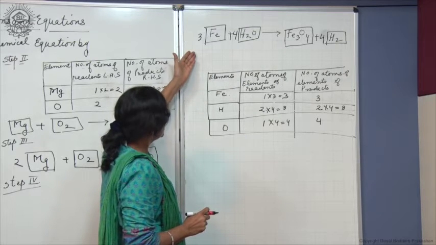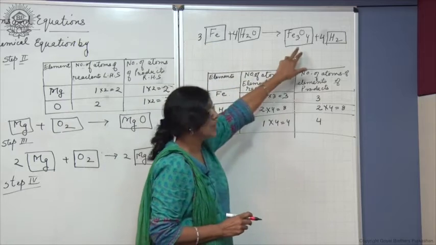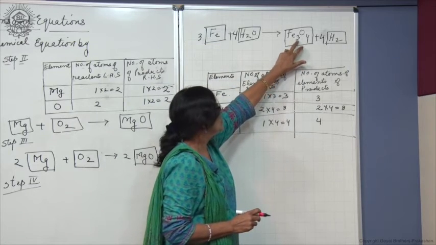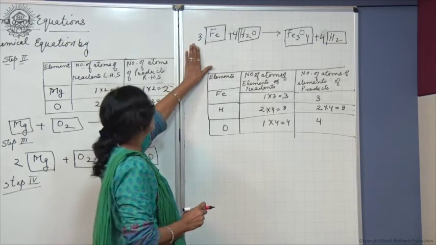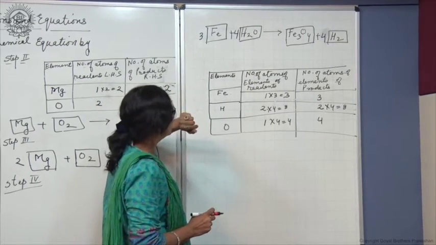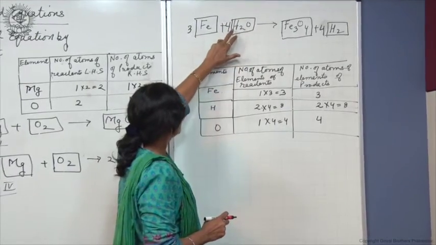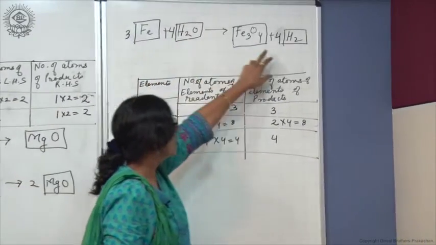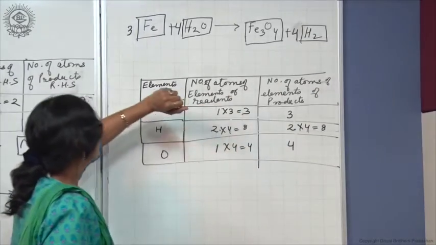Now let us check the equation again. 3 iron atoms on both sides, Fe3. This means there are 3 iron atoms. Here 3 is written outside the box. This also means there are 3 iron atoms. 4 2s are 8. Here also 4 2s are 8, there are 8 hydrogen atoms.